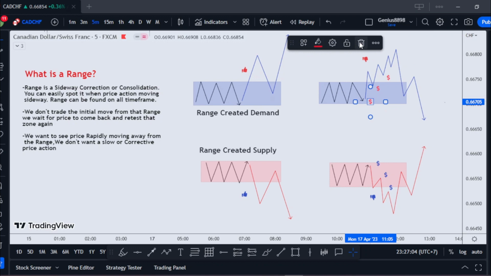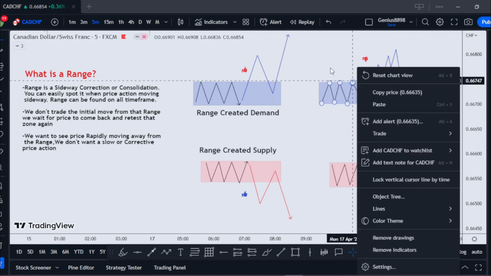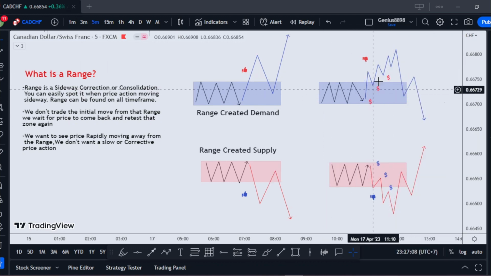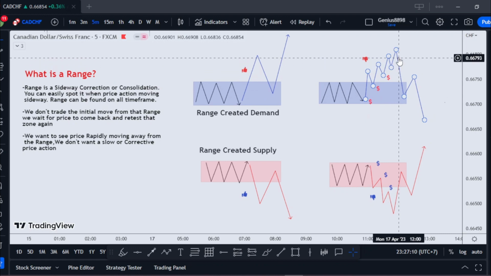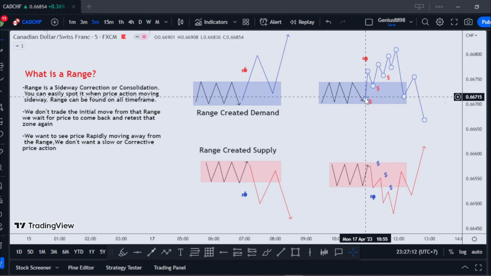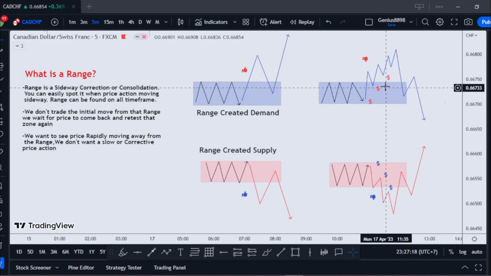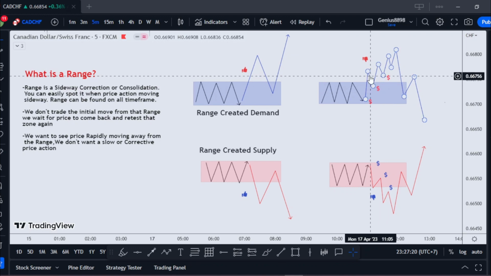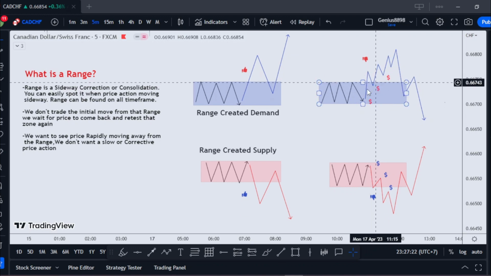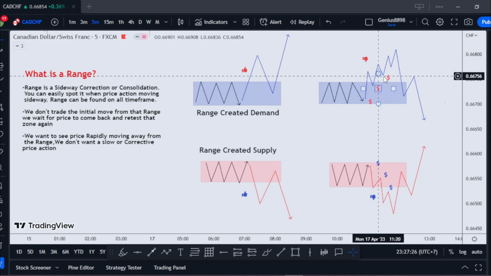When price breaks out in a corrective way like this, most of the time it is building liquidity below this low again. Sometimes you can see price going above this range, and some of the traders start to jump in earlier.